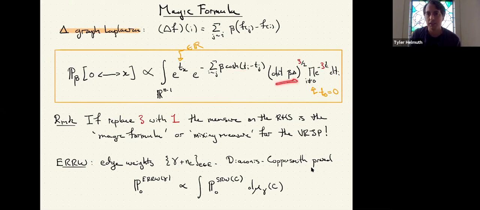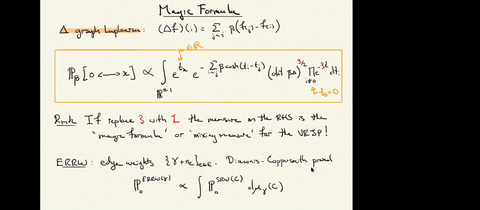So here I mean that I'm going to take the minor where I delete the row and column associated to 0, and I raise it to the power 3/2. And then I also have this density e to the minus 3t for each vertex. Okay. So it's kind of surprising that you can write a connection probability in this arboreal gas measure using this formula. And we certainly didn't just guess this.